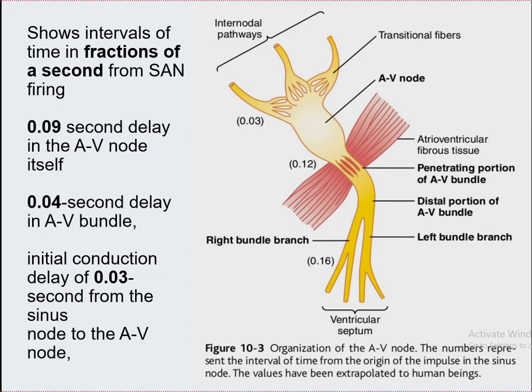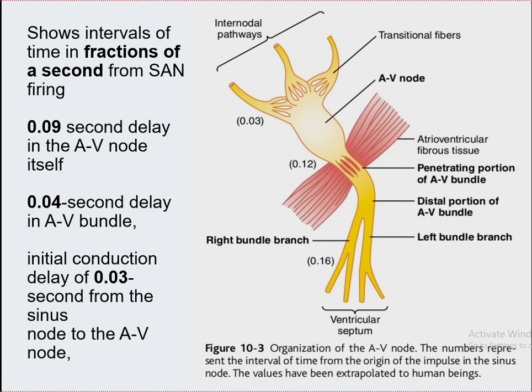Since the gap junctions are few, the depolarization will be slowed. Number two, the cells in the AV node and in the bundle of His, or the AV bundle, are tightly packed, and that increases electrical resistance. So also the impulse will be delayed. And number three, the cells in this system have a very negative resting membrane potential. So that is what causes the delays through this system.